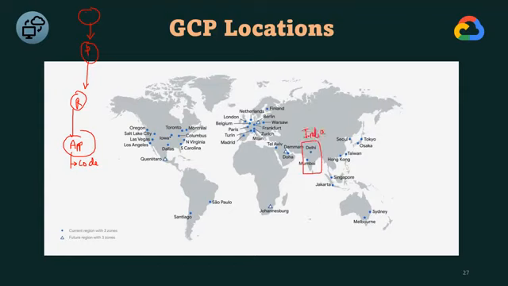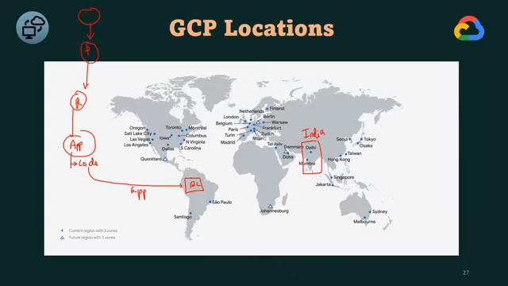Now I will tell you one thing. Assume that this is North America and here we have a data center. If you deploy your code here, the application will be available in this particular data center, but the users are in India.